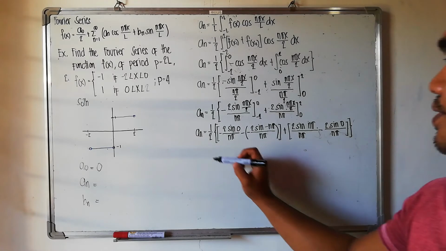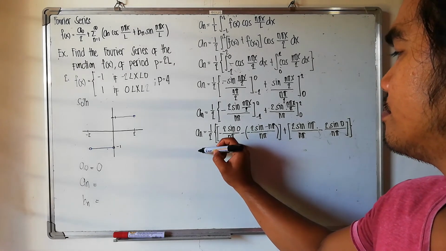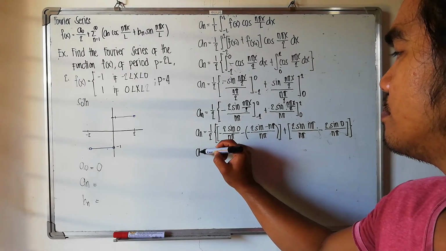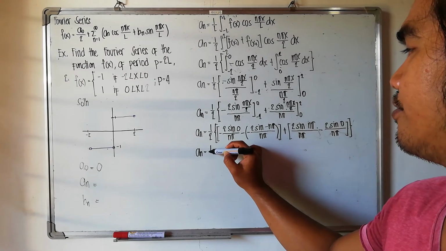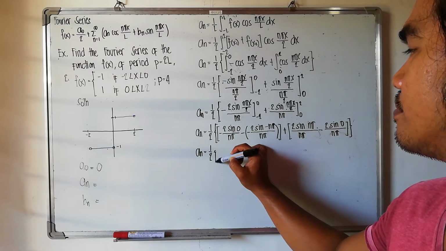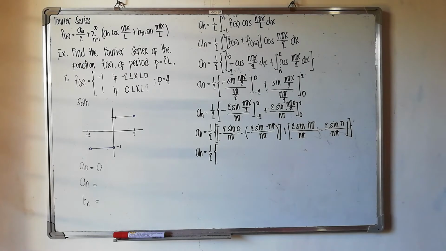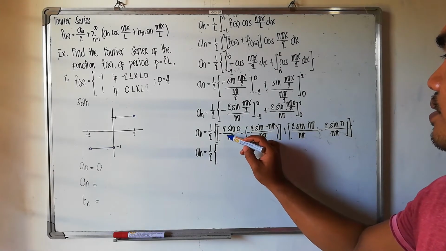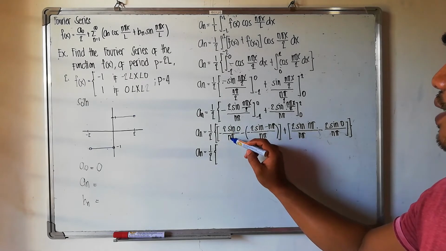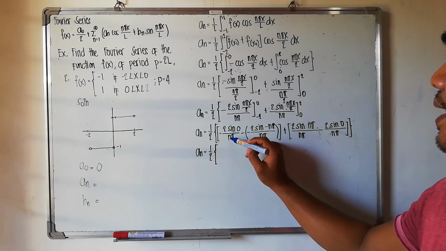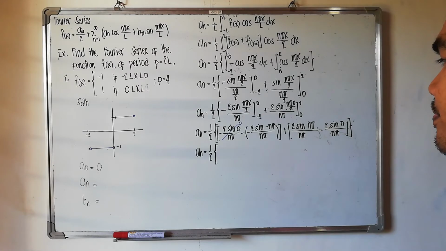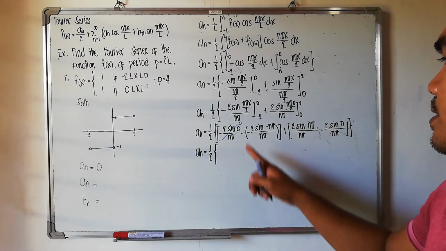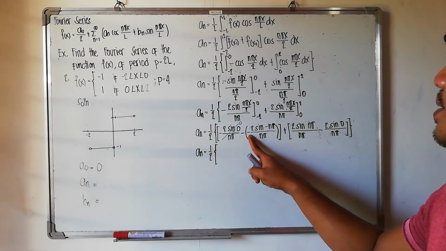Simplify the equation, so you have a sub n is equal to 1/2. So sine of 0 is equal to 0. So 2 times 0, 0 divided by n pi, so this would be equal to 0. So 0 minus negative, so that would be positive.